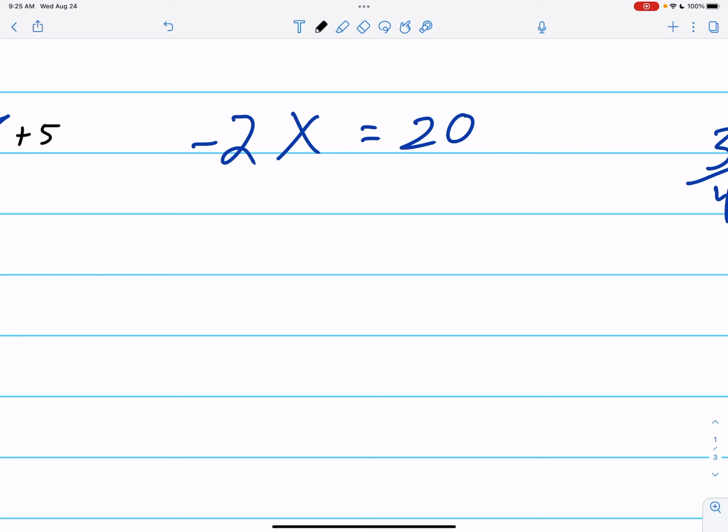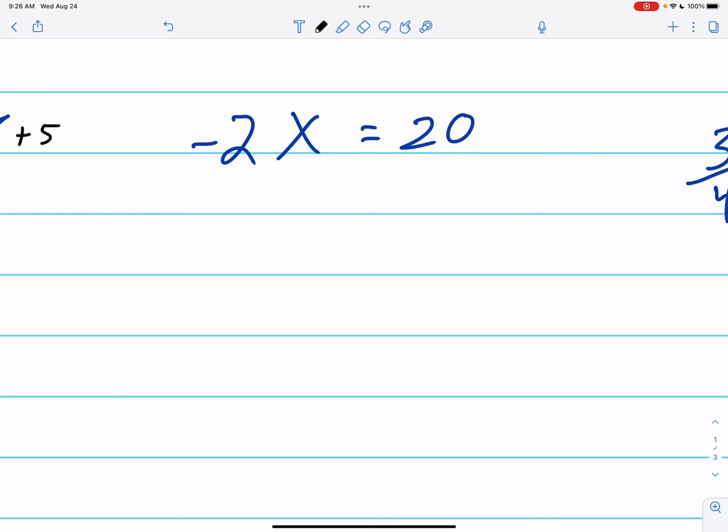So let's look at this. The most common mistake here is when students see this. One big thing that students don't understand is we want to isolate x. So we're not going to mess with x here. We want to get rid of this negative 2. And when I look at this, I say, what is negative 2 currently doing to x?